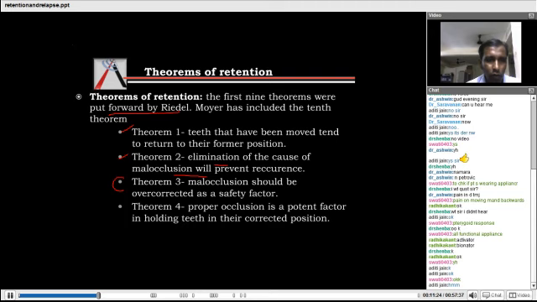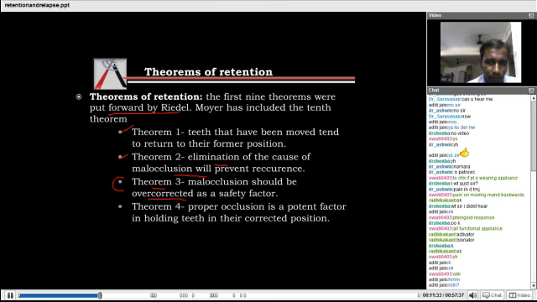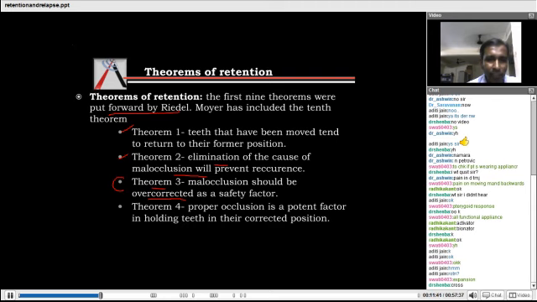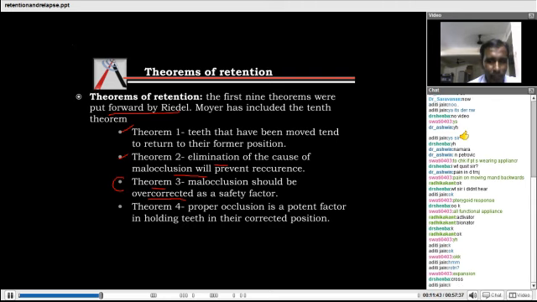The third thing is overcorrection. Where do you overcorrect? Any example? I told you about overcorrection. Which kind of malocclusion? Expansion, very good example. You have to overcorrect. Posterior crossbite, you have to overcorrect.